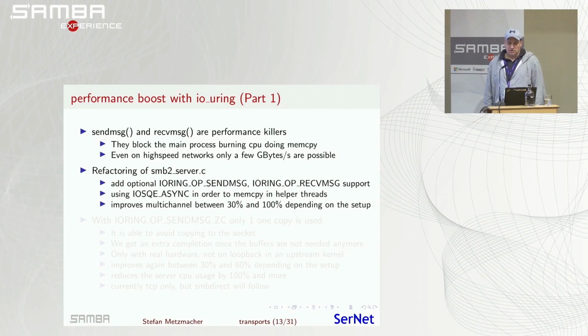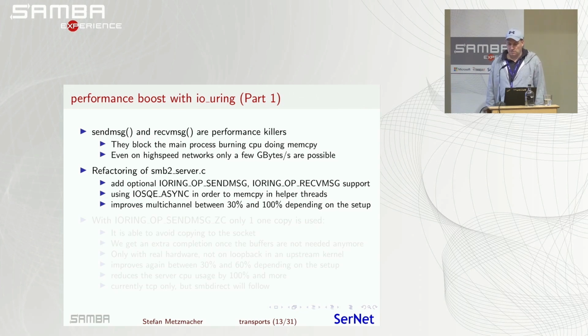So I refactored the SMB2 server code in order to optionally use the send message and receive message hooks from IOUring. And there we use the async flag in order to do the mem copy in helper threads. That means that the main SMBD logic is more or less non-blocking now, and it improves the multi-channel experience by something between 30 or 100%, depending on the setup.